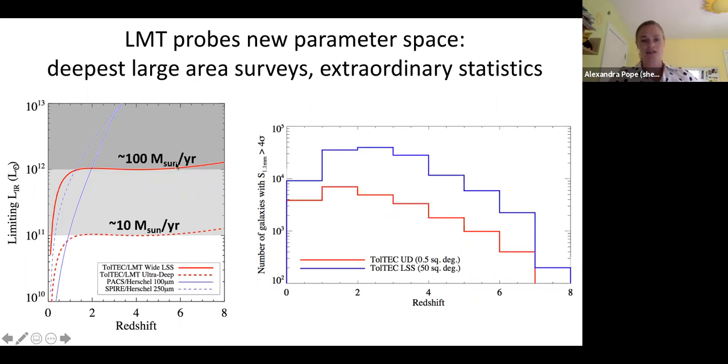You are equally sensitive to a dusty star forming galaxy at redshift 7 as you are at redshift of 2. And the plot on the right is showing the histogram of the number of galaxies that we expect to detect in these 2 100-hour surveys as defined for these areas. So we're looking at 100,000 millimeter detected sources, which is new parameter space, new statistics that we haven't had.